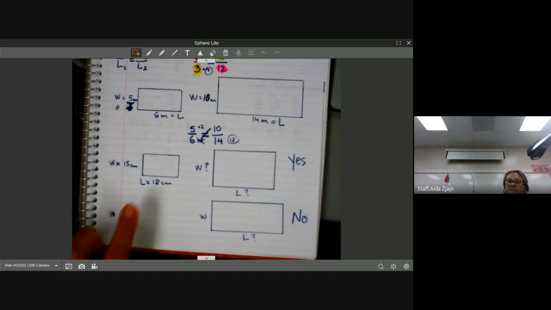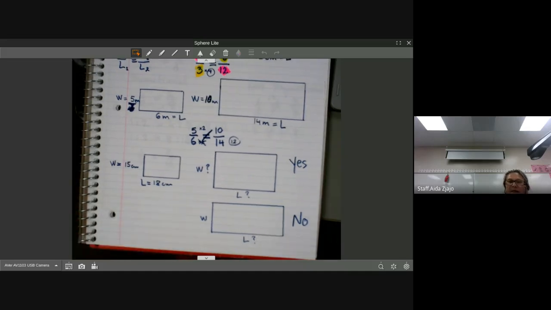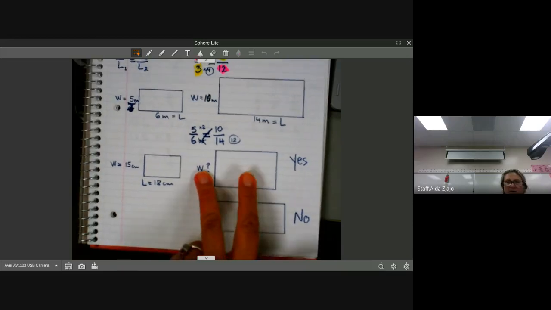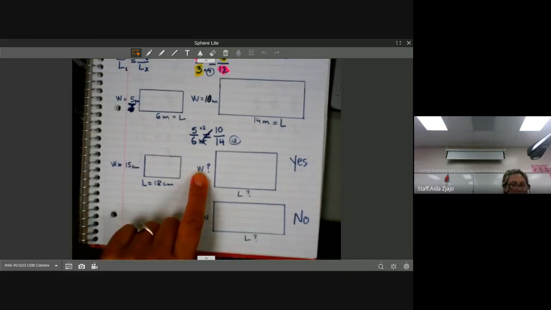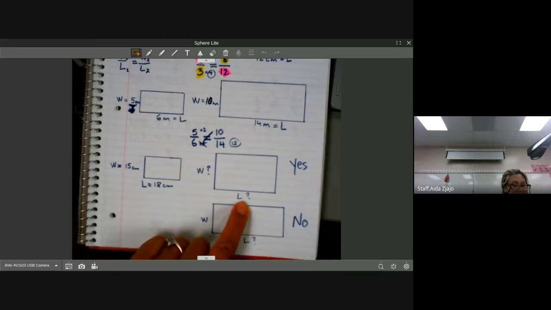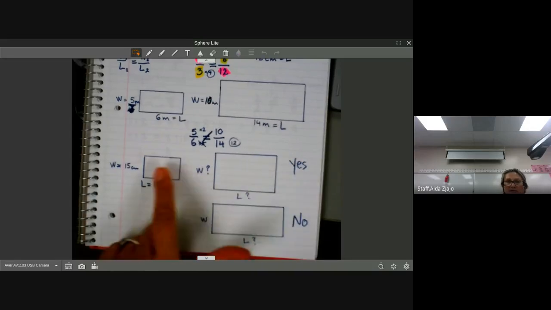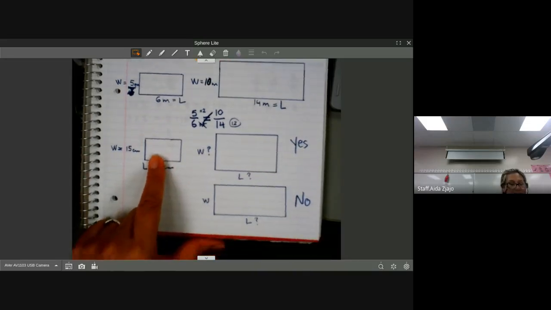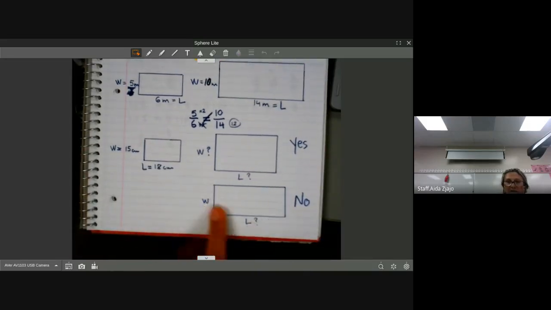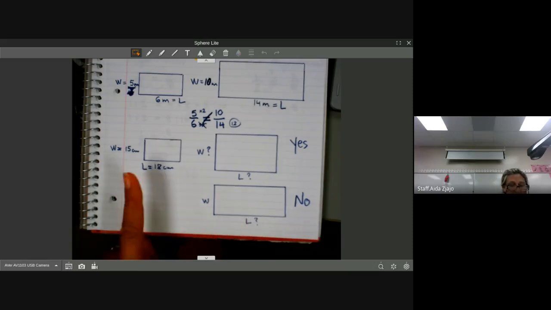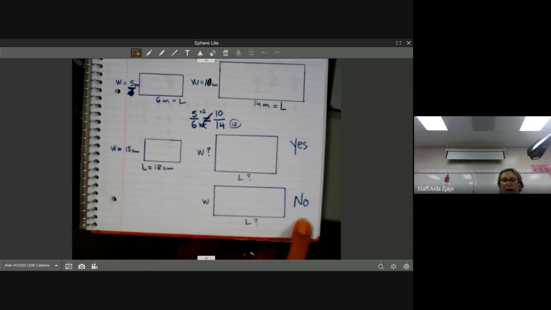So what that means is I want you to guess what number you can put as a value for width and length so that this rectangle will be similar to this one, and what values you can put for this one so that they won't be similar. I'm going to give you 5 minutes to come up with the answer, and then I'm going to call on somebody.